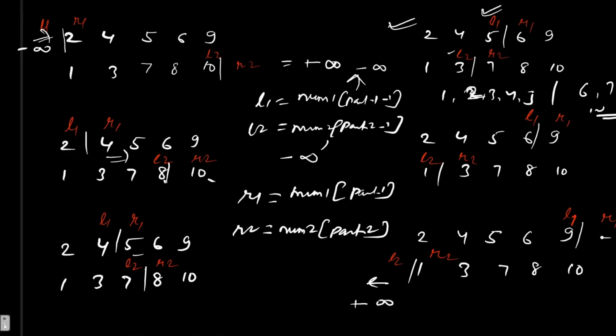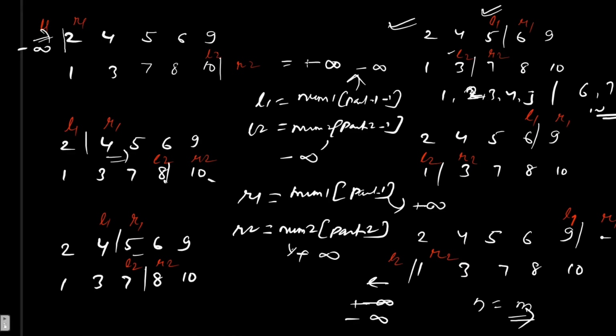So R1 is going to be plus infinity in extreme cases, whenever our partition is equal to n for the first array or m for the second array. So plus infinity in this case.